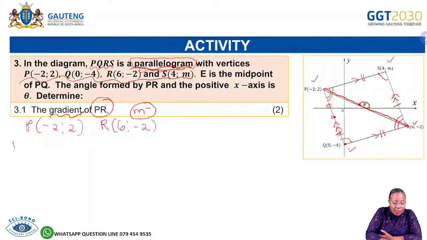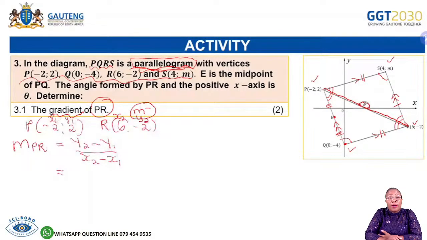So we are looking at the gradient of PR, and we are using the same formula, y2 minus y1 over x2 minus x1, with point 1 being x1, y1 and point 2 being x2, y2. Substitute into the gradient formula. What is y2?